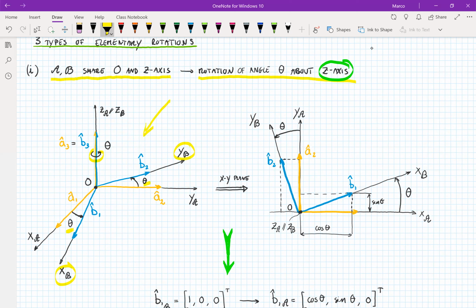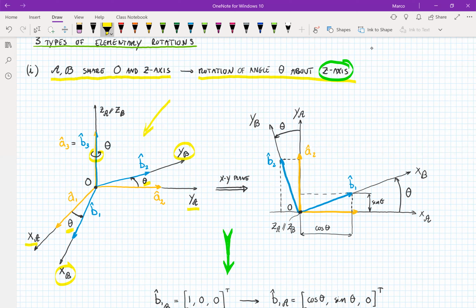So now there's an angular separation between the old axis xa and the new axis xb, and from the old axis ya to the new axis yb, and the angular separation is in both cases equal to theta.